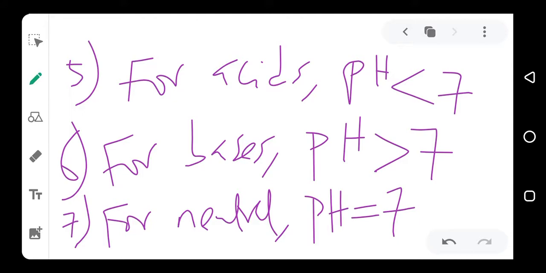Therefore, pH of 7 is used to show that a solution is neutral, or pH of 7 is used to determine the neutrality of a solution.